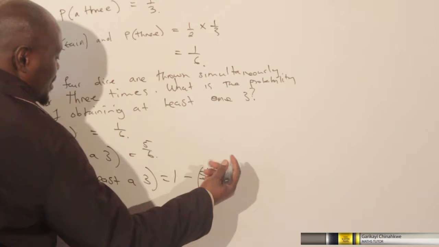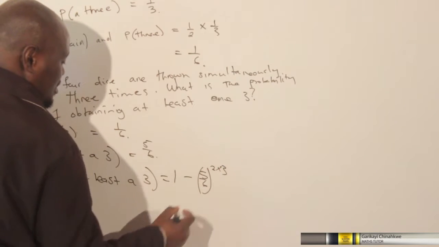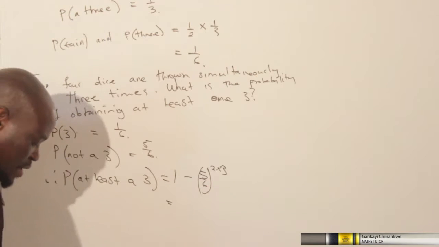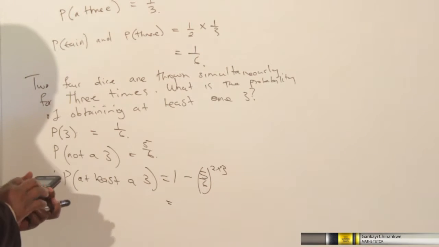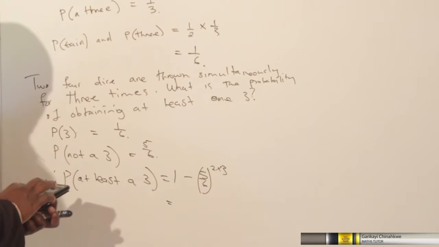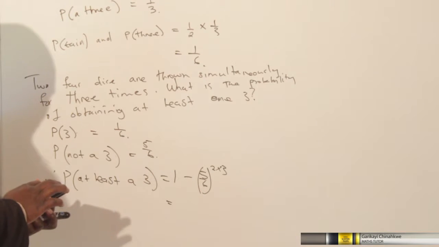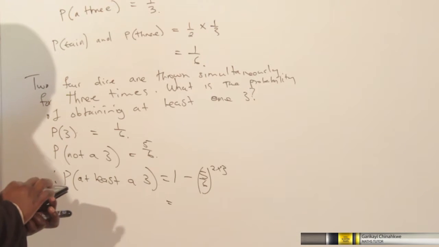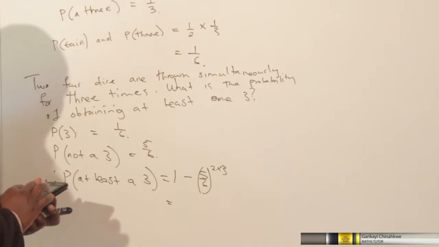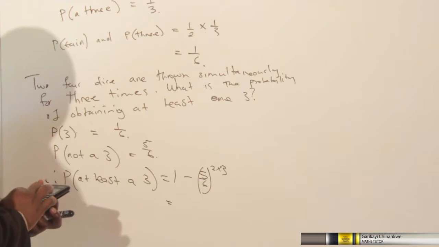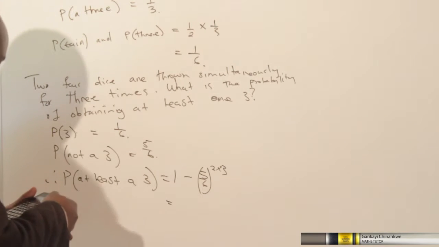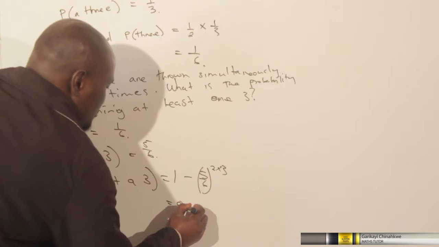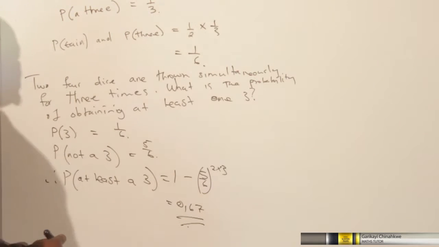There are 2 dice, but we are throwing them 3 times. So this gives us 1 minus (5 over 6) to the power of 3. That is the probability.